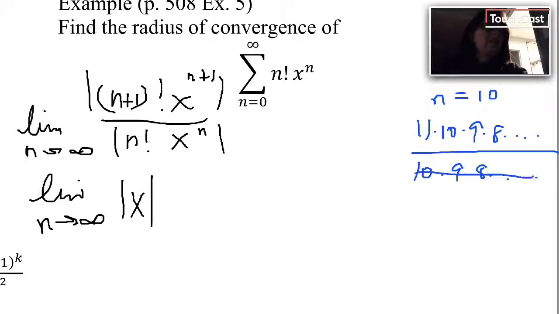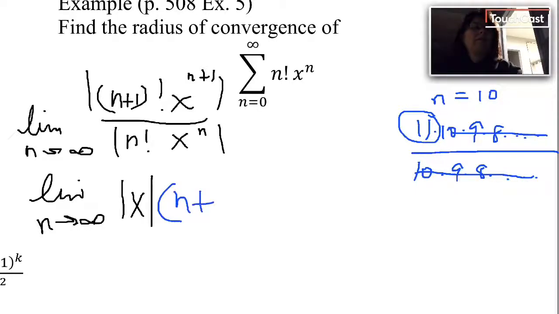Notice that everything here is going to cancel out except for that first number. So whatever n plus 1 is, that's going to be a multiplier in my limit, and all the other multipliers cancel each other out, numerator and denominator.